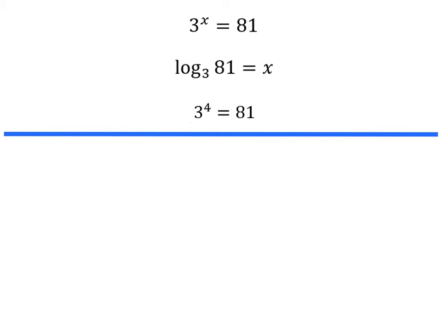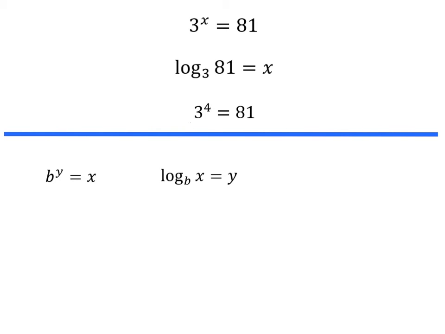More generally, we can convert between exponential and logarithmic forms of an equation in the following way. If b raised to the y power equals x, then we can say log base b of x equals y.